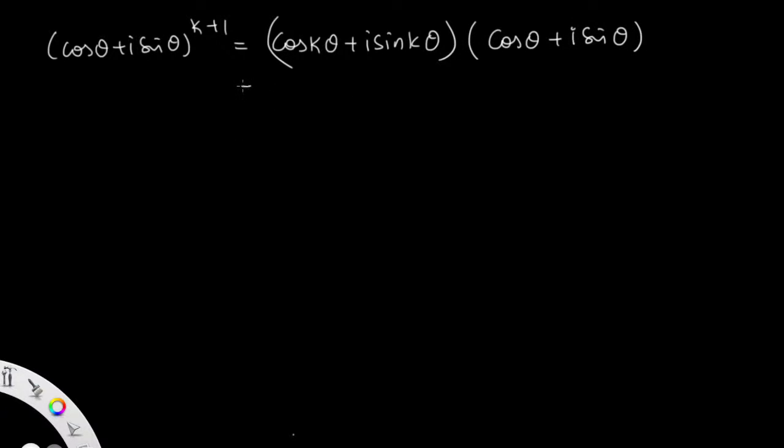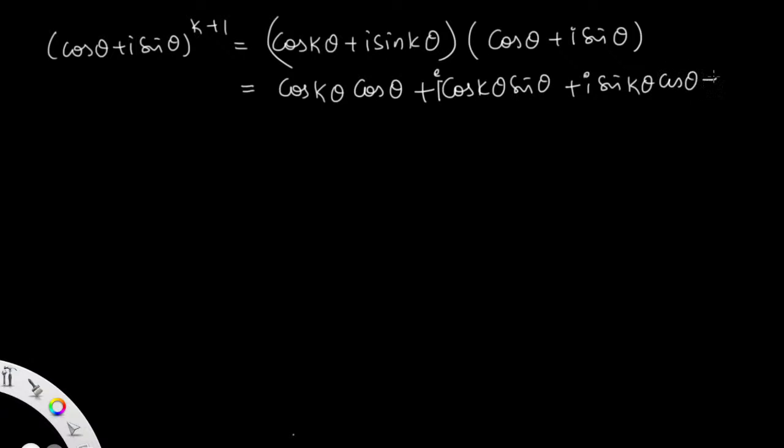Just multiply, general multiplication: cos k theta cos theta plus cos k theta into sin theta into i, plus i into sin k theta cos theta plus i square into sin k theta into sin theta.